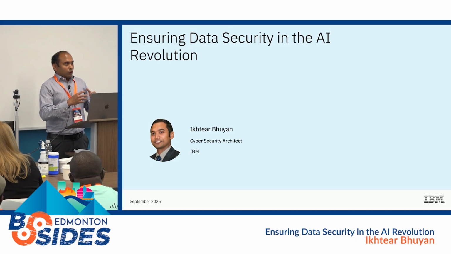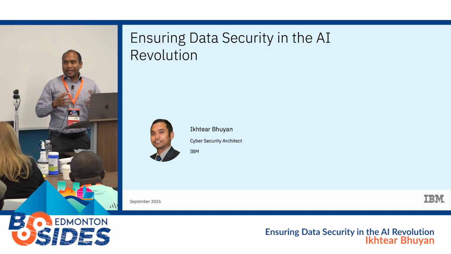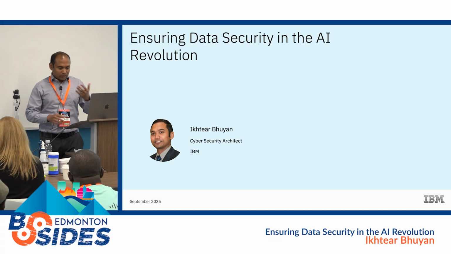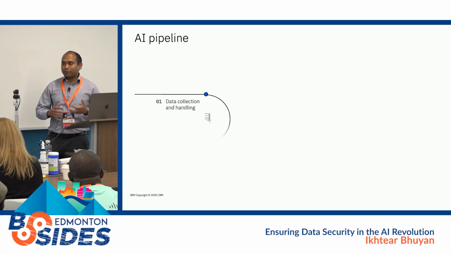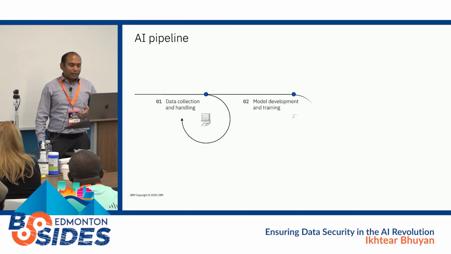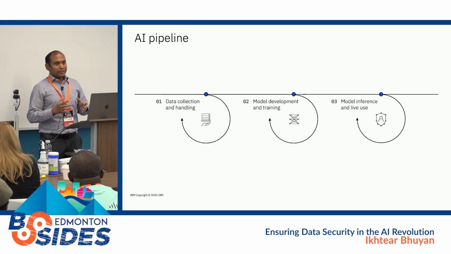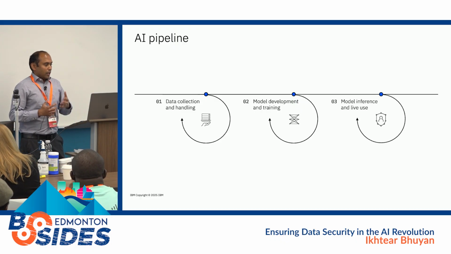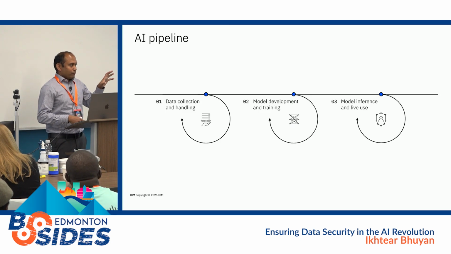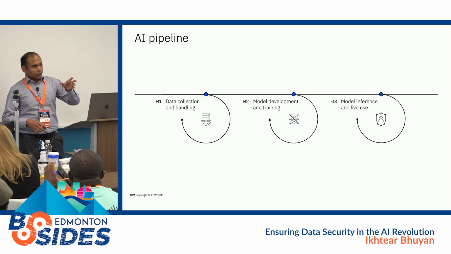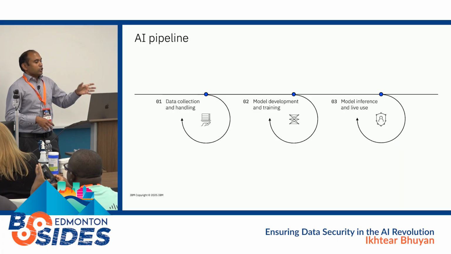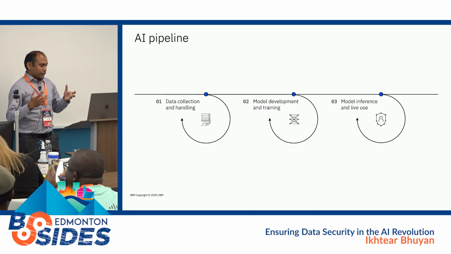When we are talking about securing AI, let's first check what the AI pipeline looks like. There are three main building blocks in an AI pipeline. First, you need to have some data that you feed into your training model, and then from the training model you produce the output, which is the inferencing part.